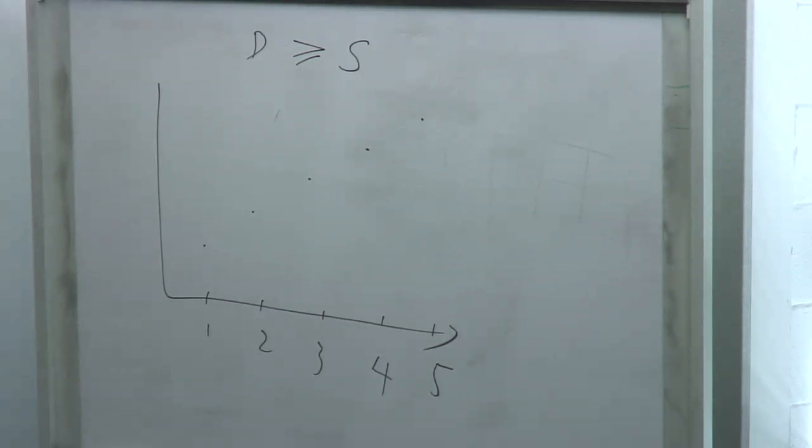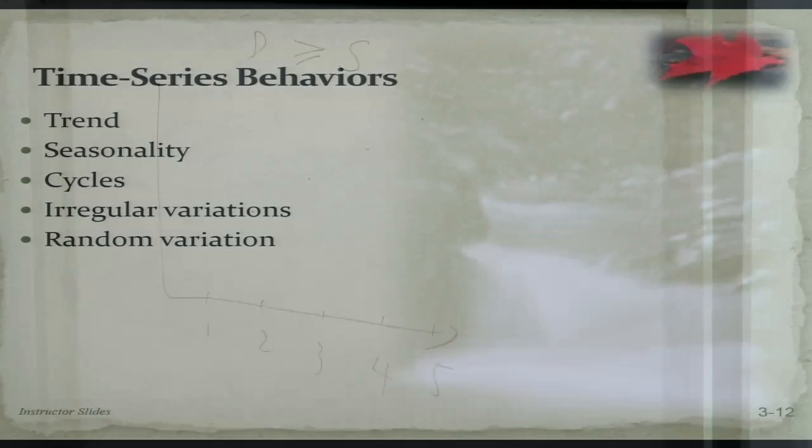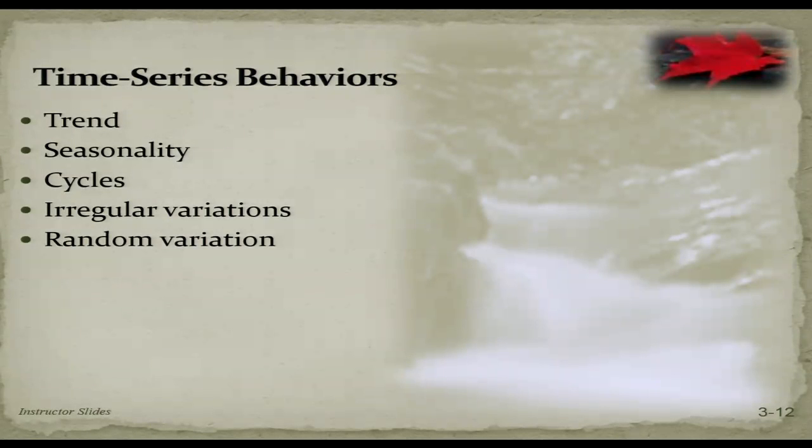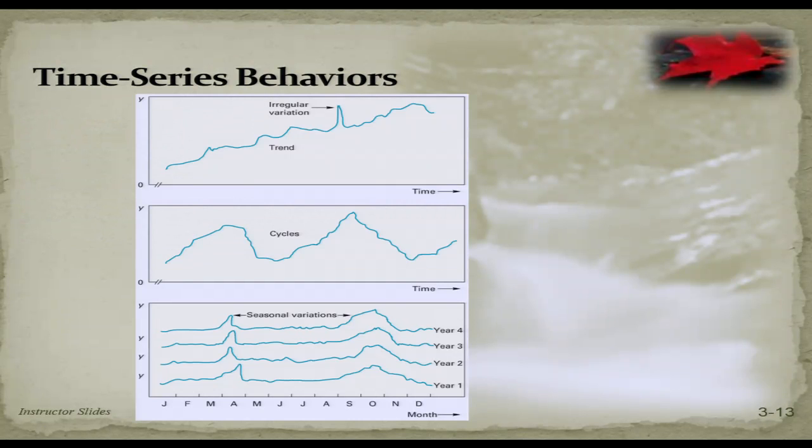Time series behavior. There are several different behaviors: trend, seasonality, cycles, irregular variation, random variation. Let's see some pictures and you can understand. First is trend. Who can tell me what's the trend here in the first picture? Positive trend, that's an increasing trend, right?